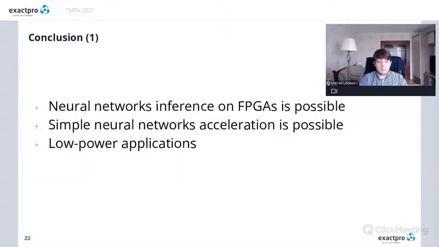So, some conclusions. We can see that inference on FPGAs is possible using the open source tools, and we can even accelerate simple neural networks, but these tools are useful only for some low power applications which do not need good performance.